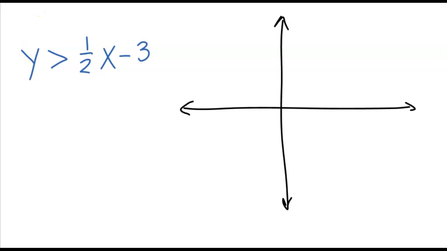If I'm graphing this, I'm going to start out at the -3 on the axis. And I'm going to count up 1, over 2, up 1, over 2, up 1, over 2.